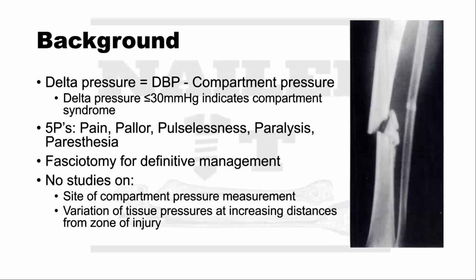So the authors of this study hadn't found any previous studies on the specific site of compartment pressure measurement to definitively diagnose compartment syndrome, and the variation in tissue pressures at increasing distances from the zone of injury. So that's the premise that they used to form this study.